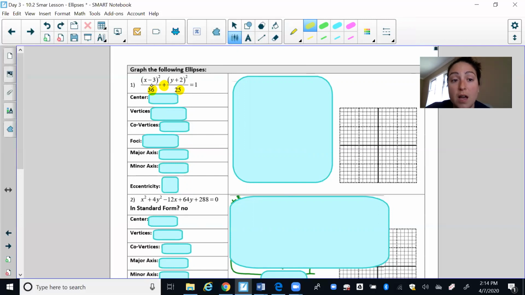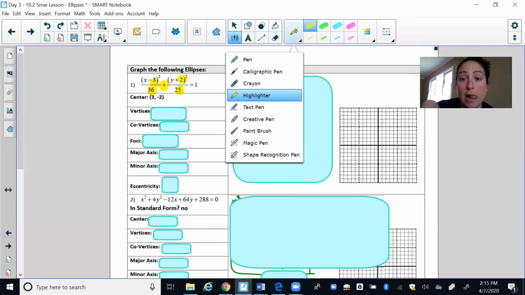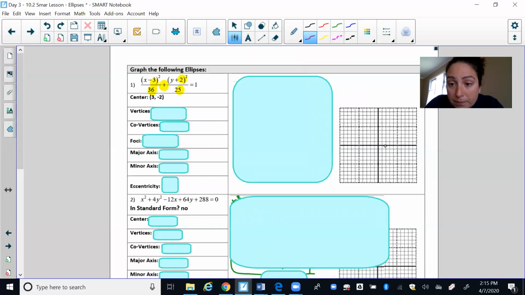Our center will be at (3, -2), because it's the opposite of what we see. And then the number underneath (x minus 3) squared is 36. So that means we're going to go right and left 6.